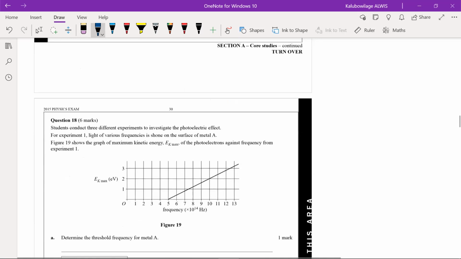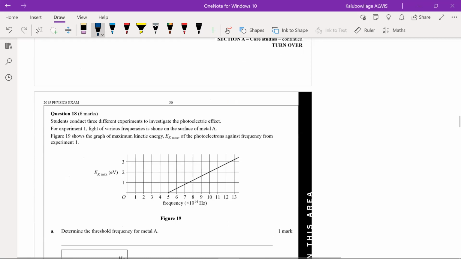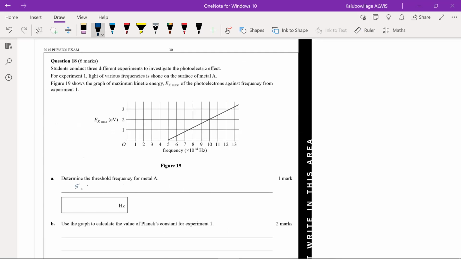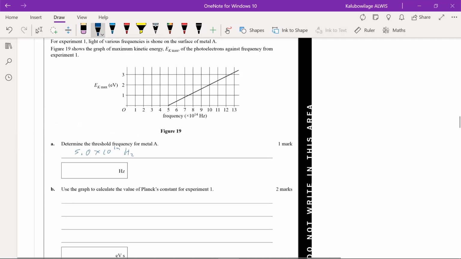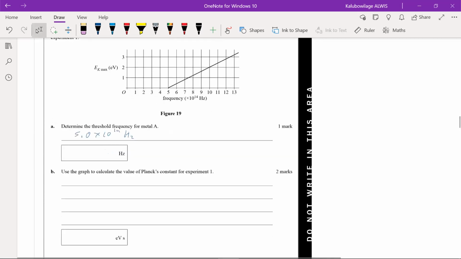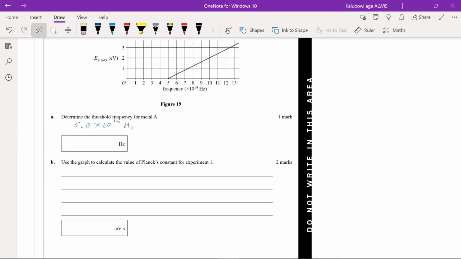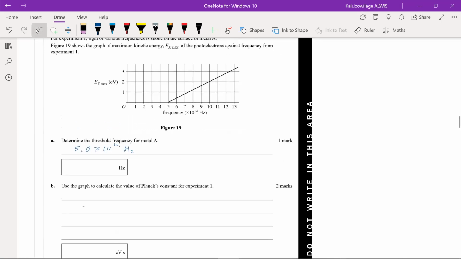Determine threshold frequency. Just look at the graph. You get 5 times 10 to the 14. Planck's constant is the gradient. So M, we'll take 2 points.